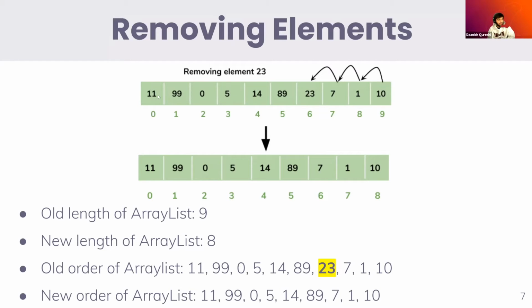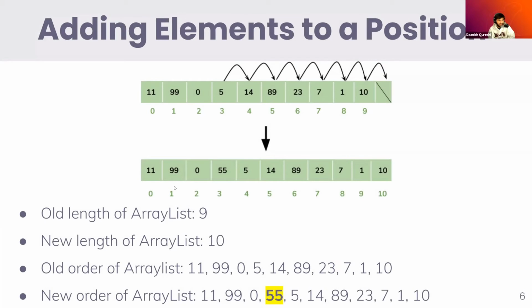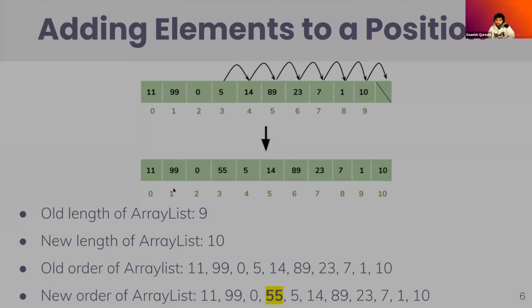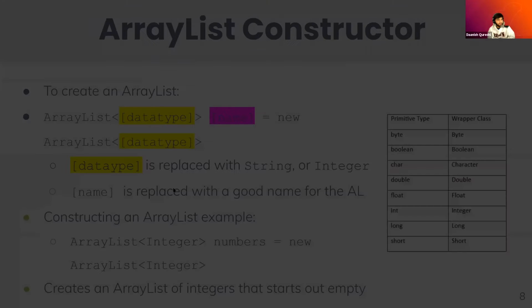If I take out 11, that means everything shifts down and everything gets current index minus 1. If I take out 5, everything after this will get current index minus 1, but everything before it stays the same, like we looked at when we added the element. Remember, we added it and everything before stays the same. So that's the same idea that applies.